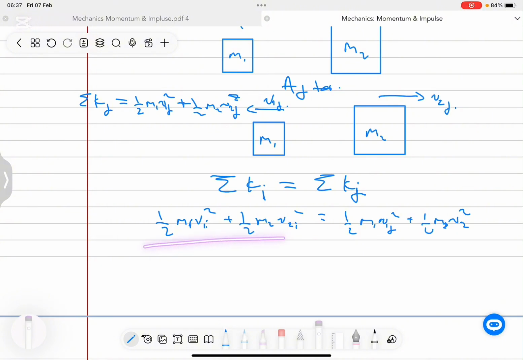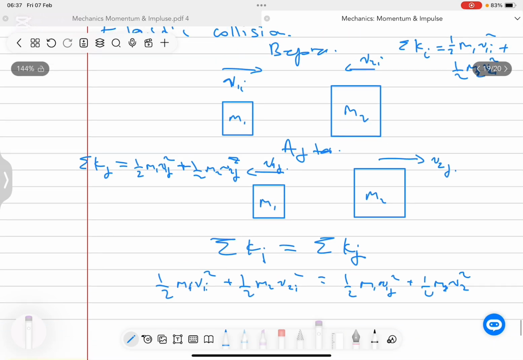So in expanded form, this is how it would look like. Now let's zoom in carefully to see what is happening here, because remember, we have the law of conservation of energy. Why is this energy not changing when these two objects actually collide? Right? Why is it the same? What makes it to be the same?